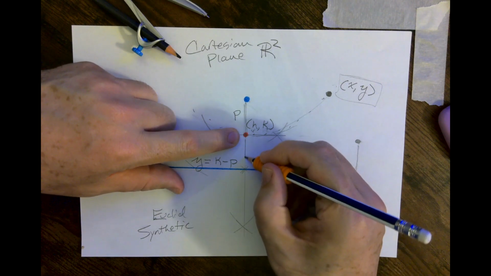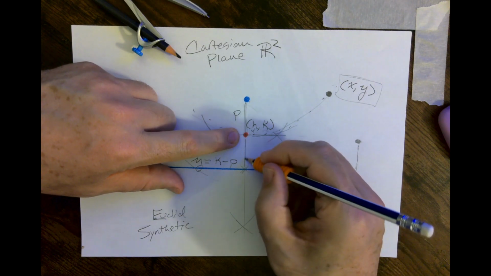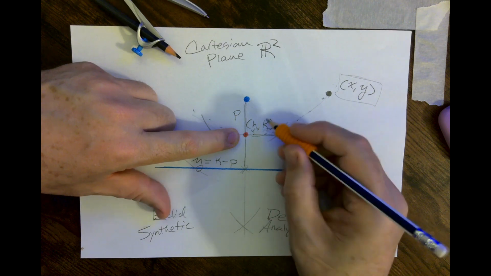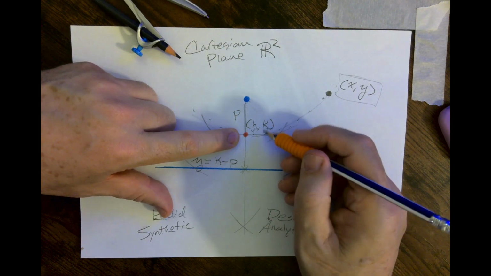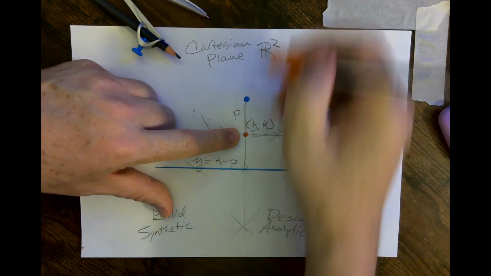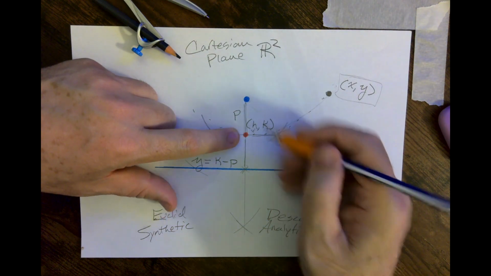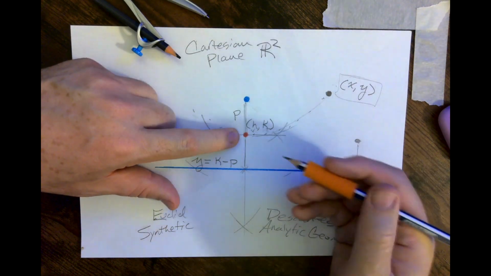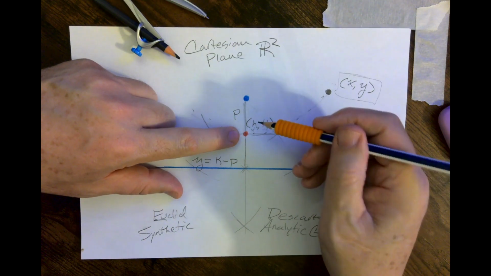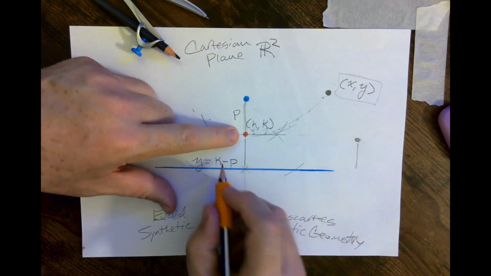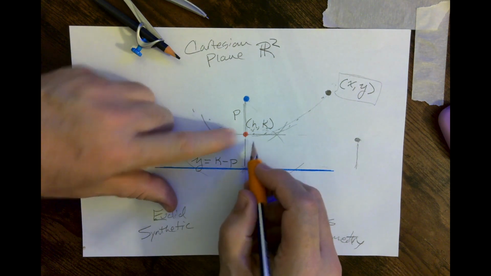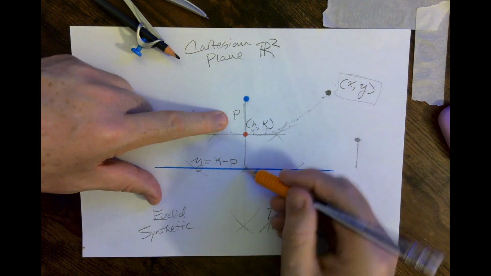And we're going to go straight down from this y-coordinate, moving along the vertical axis, or along a line parallel to the vertical axis. We're going to move a distance p to get to this line.